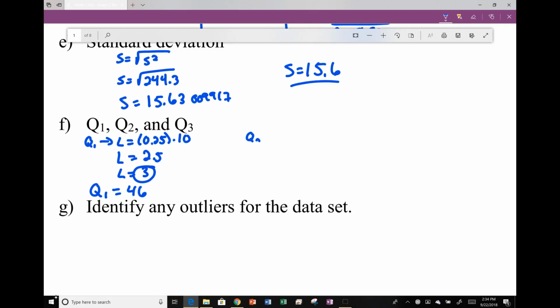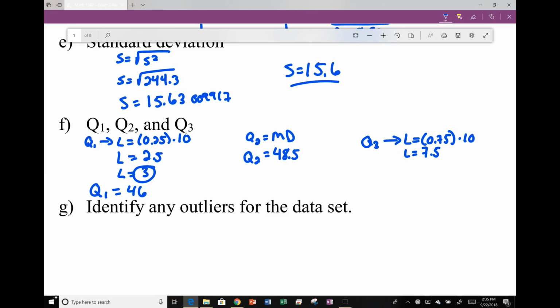For Q2, well, recall that that's the median. Q2 is your median. So what was our median? Our median was 48.5. So Q2 is 48.5. Q3 is looking at 75% of the data, so we're going to take the location is equal to 0.75 times our 10. So our location is going to be 7.5.